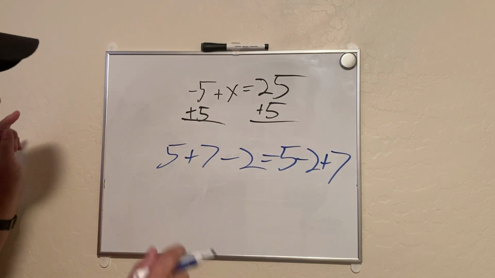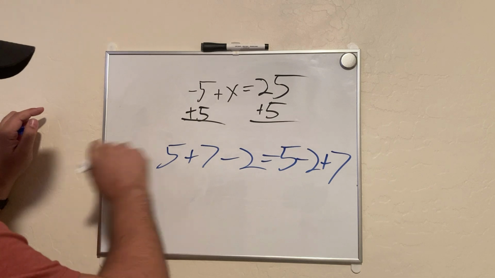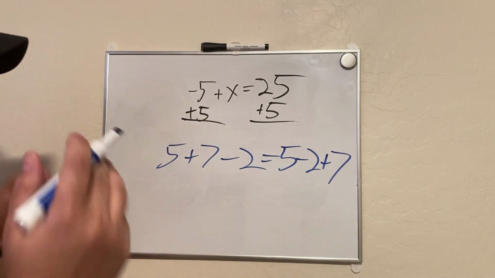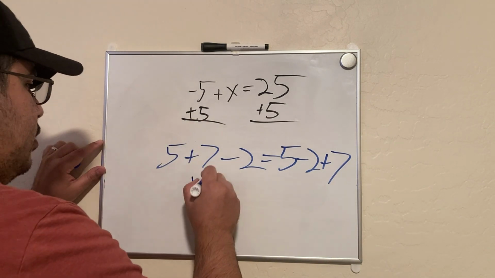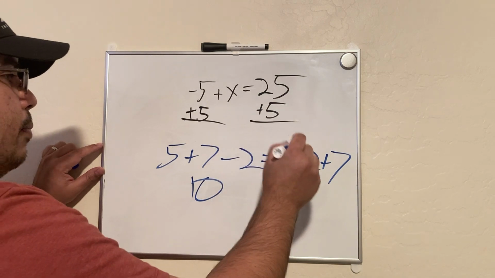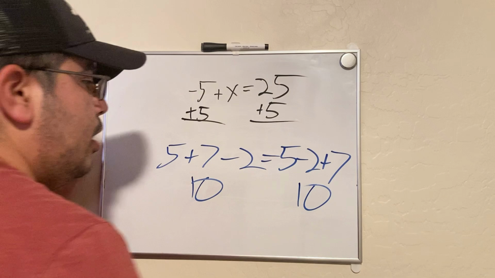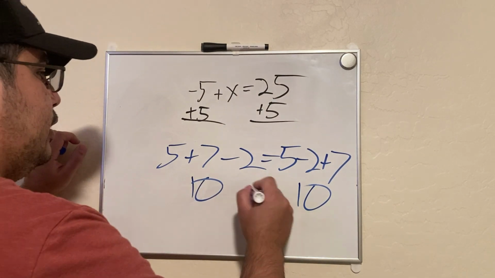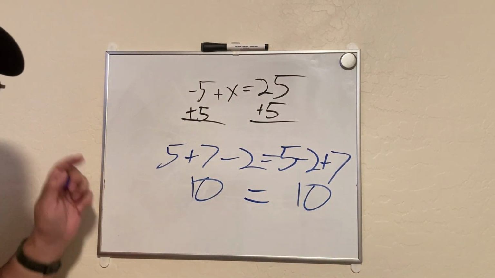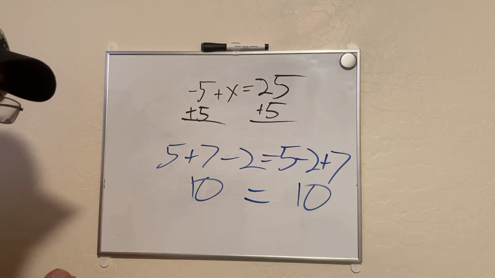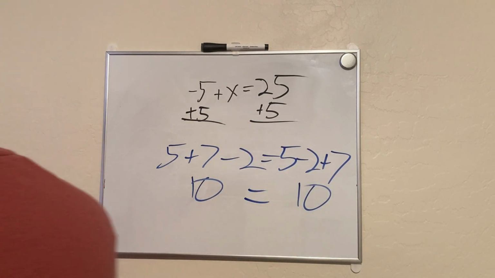If we do it from left to right, 5 plus 7 equals 12, minus 2 equals 10. 5 minus 2 equals 3, plus 7 equals 10. So they're equal. We can move stuff around within these equations. All right, that's enough of that sidebar.